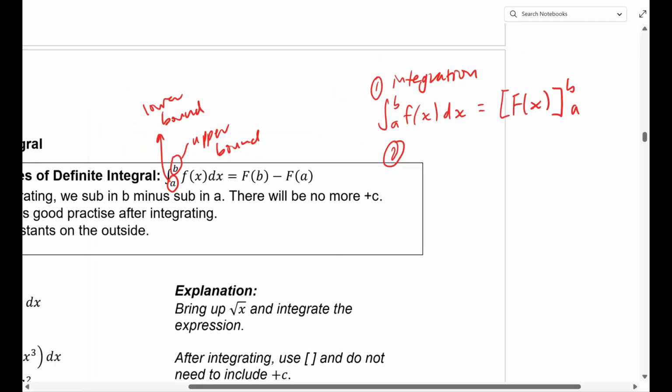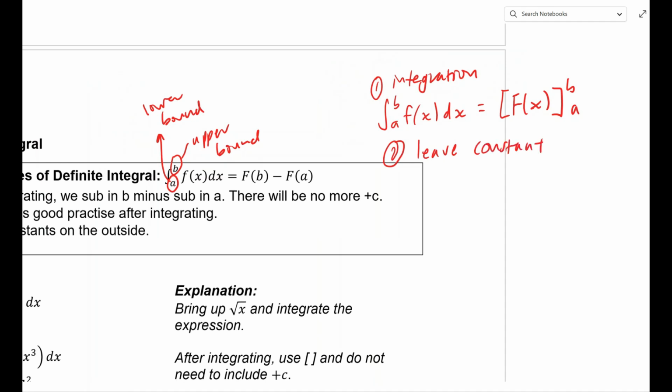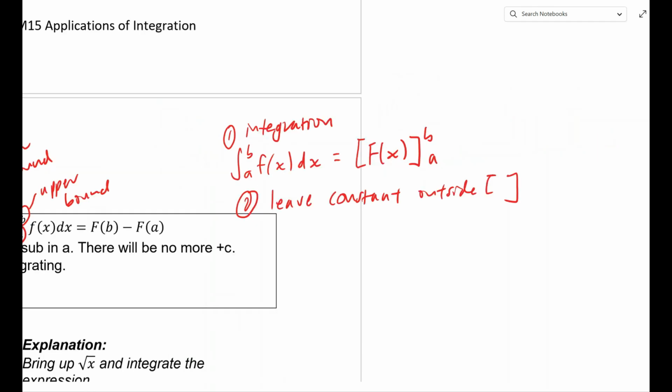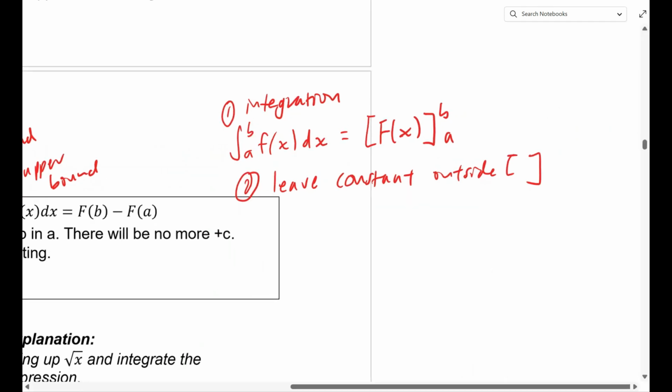Afterwards, if there are any constants, we will factorize the constant outside of the square bracket. This allows what we have inside the square bracket to be as simplified as possible. So when we sub in our upper bound and lower bound later, it will not be too confusing and we will make less careless mistakes.